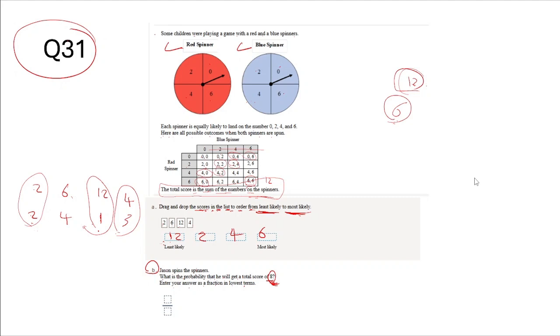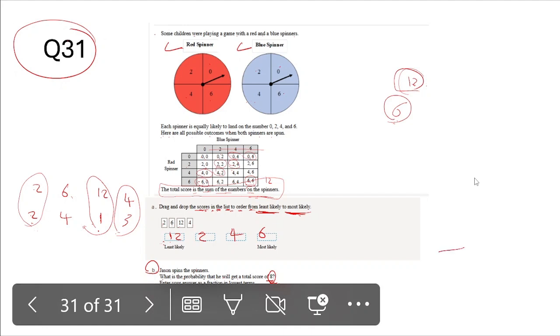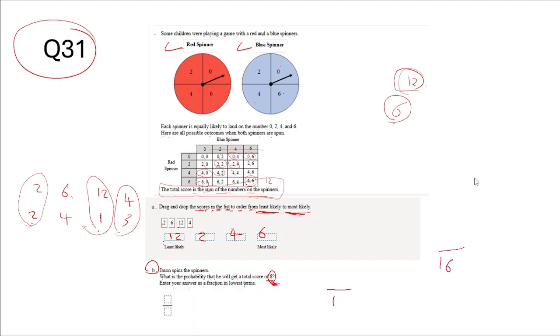How many values are here? 1, 2, 3, 4, 5, 6, 7, 8, 9, 10, 11, 12, 13, 14, 15, 16. So that means it would be something over 16. Now let's see how many times the total score is 8.